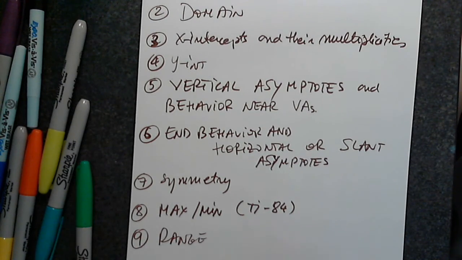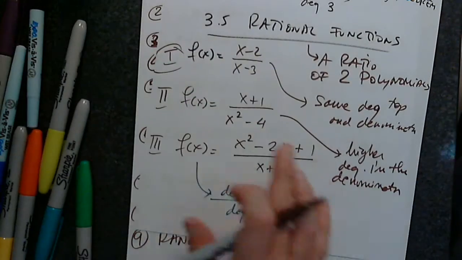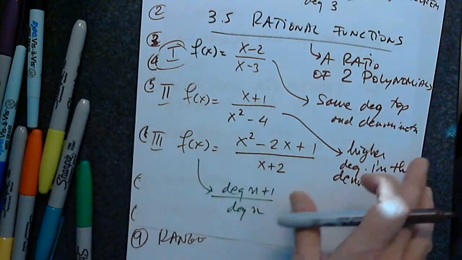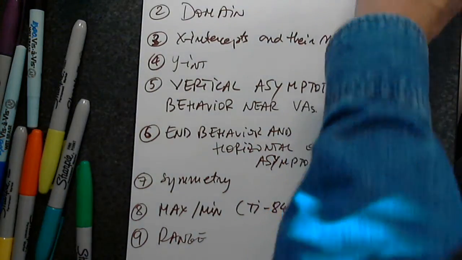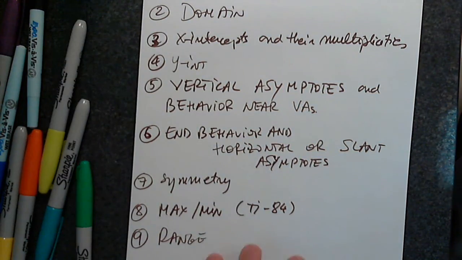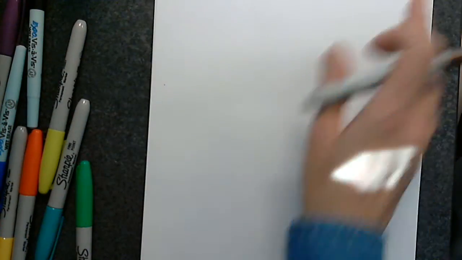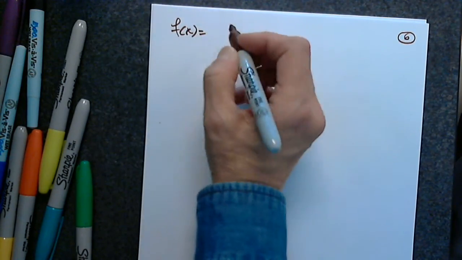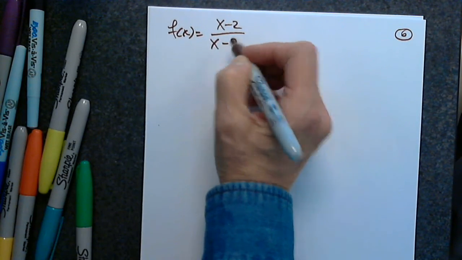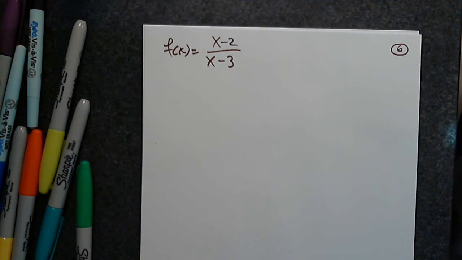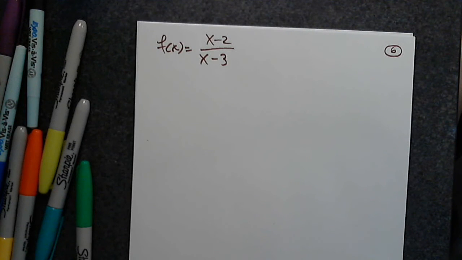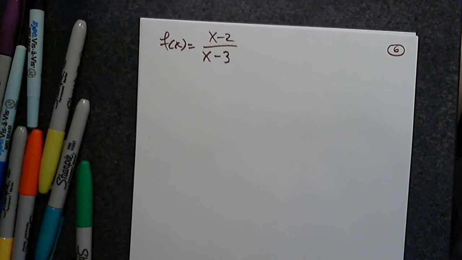Ready? So we are going to start with this function that Ryan gave us, x minus 2 over x minus 3. We're going to go through all these steps and then summarize the information. So f of x equals x minus 2 over x minus 3. Since this is the first rational function, obviously it is type 1.